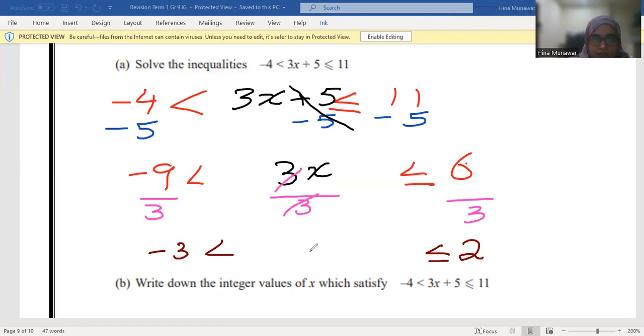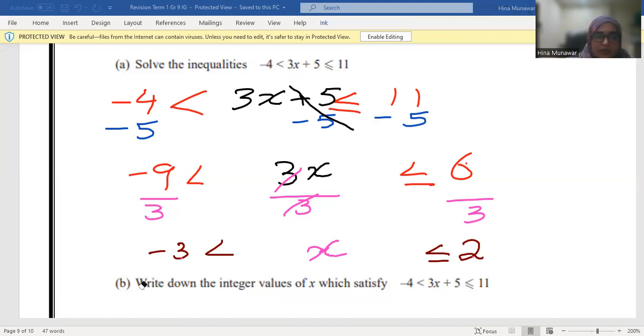And it cancels out, it's x, right? So your x is greater than minus 3, less than or equal to 2. What I did here, first of all, I subtracted 5 on all sides and then divided by 3 on all sides, and that's it, right?